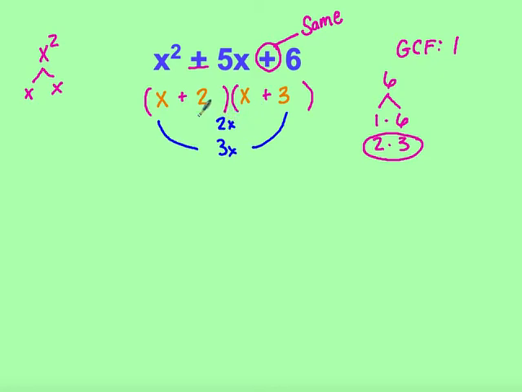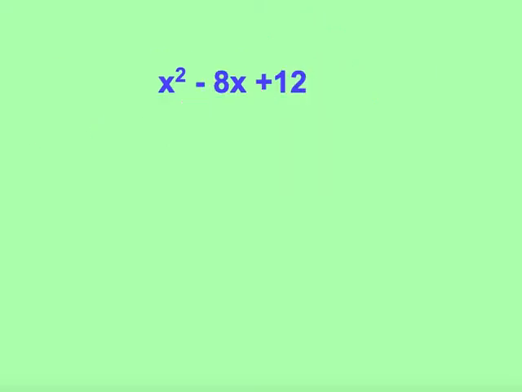I look at my inners, that gives me 2x, and if I add those together, I get a positive 5x. So my two factors remaining are x plus 2 and x plus 3, and I can check that off. All right, moving on to our next example, I have x squared minus 8x plus 12.